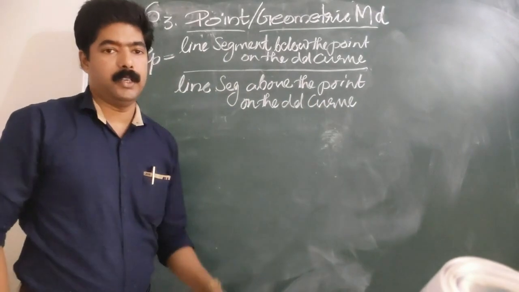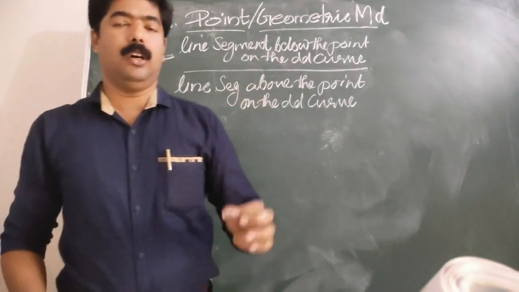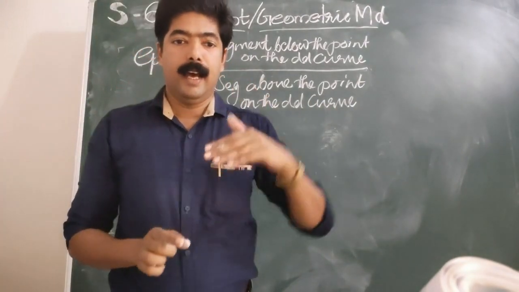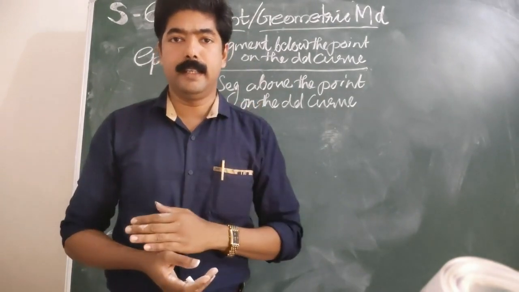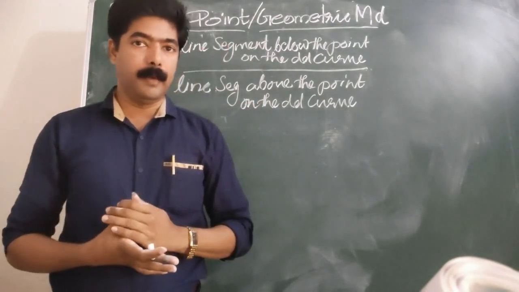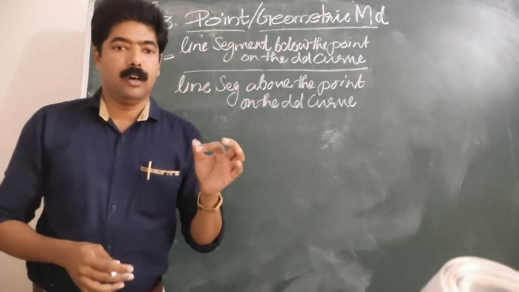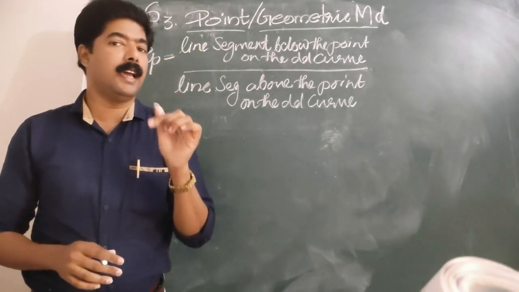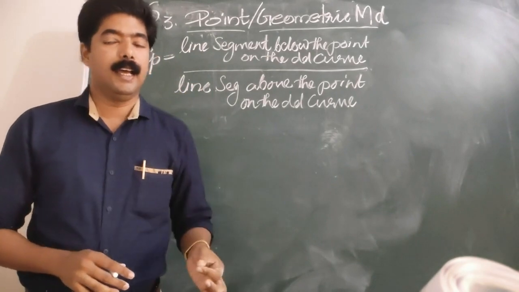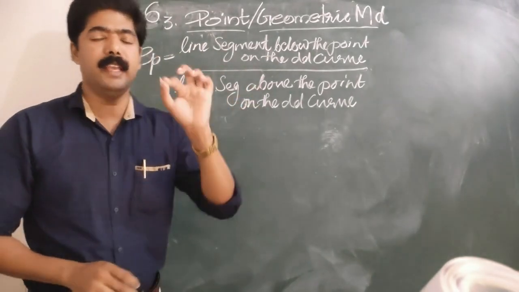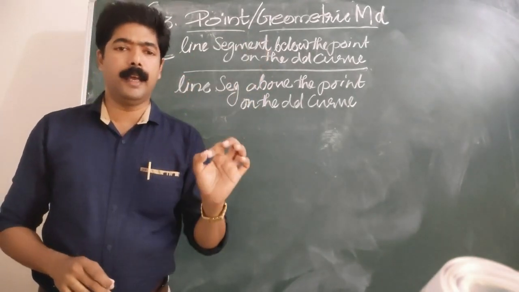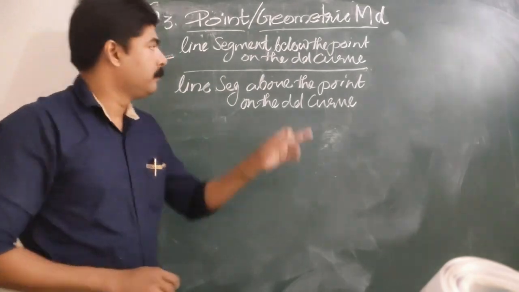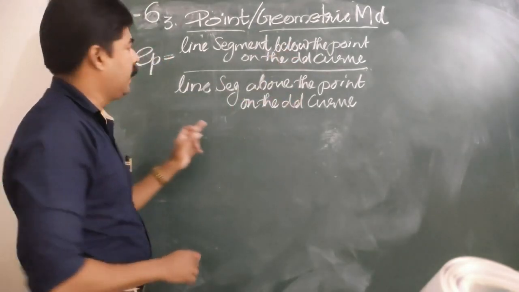What is the point method? The geometric method or point method is another method of calculating price elasticity of demand. With the help of this method, price elasticity can be calculated at any point on the demand curve by using this formula.